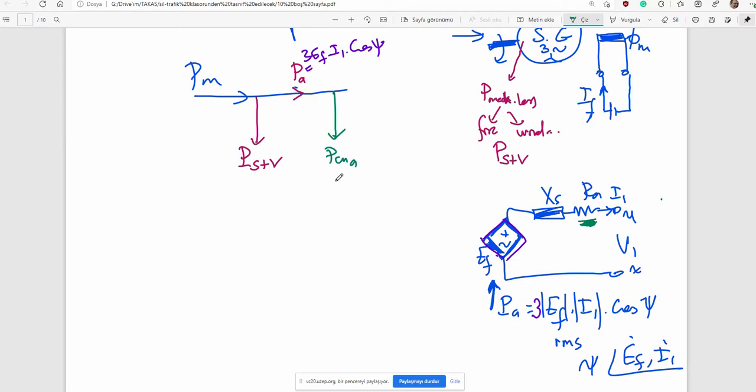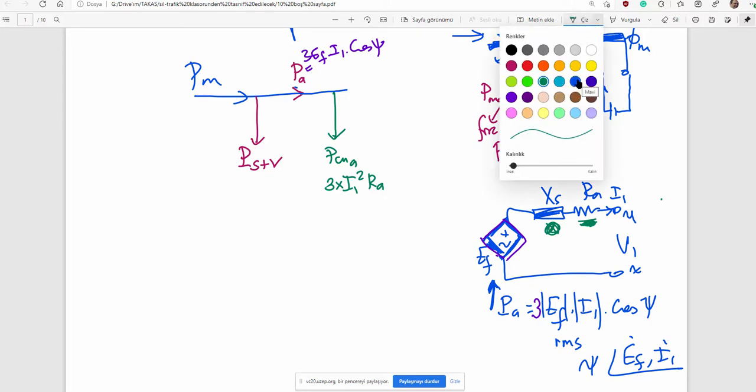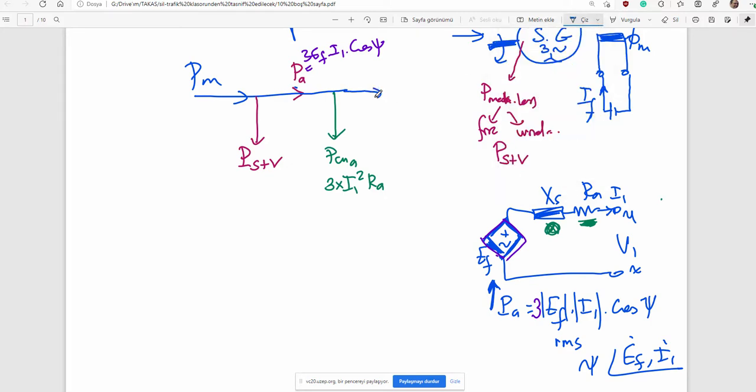It can be written as 3 times, again for 3-phase, I1 squared times Ra. There is no active loss on this element, so the resultant power will be delivered to the network or load.